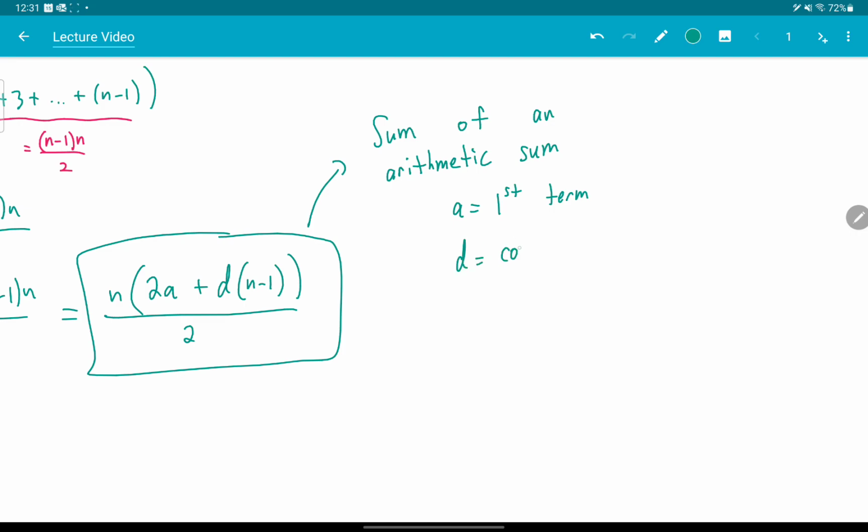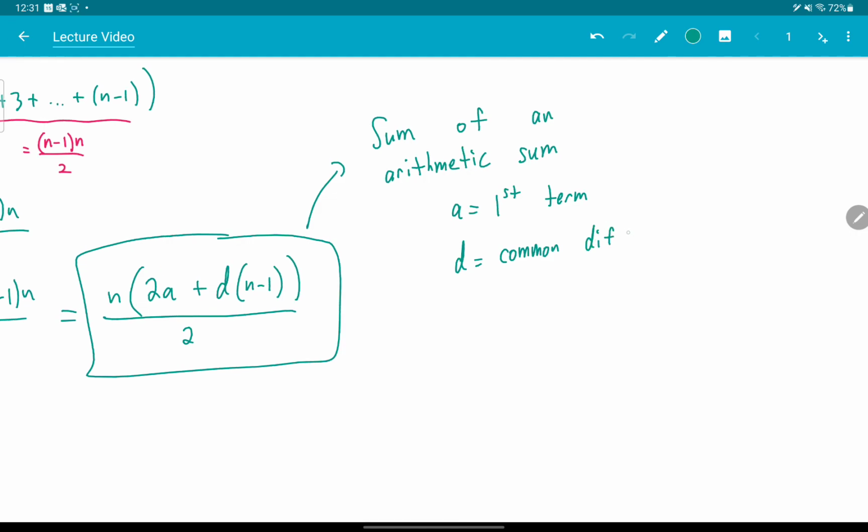D is what's called the common difference: every term differs by this from the next term. And n is the total number of terms.